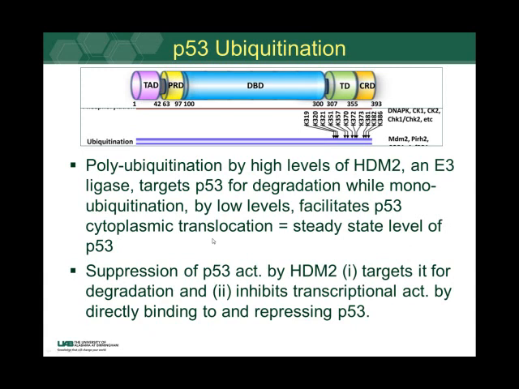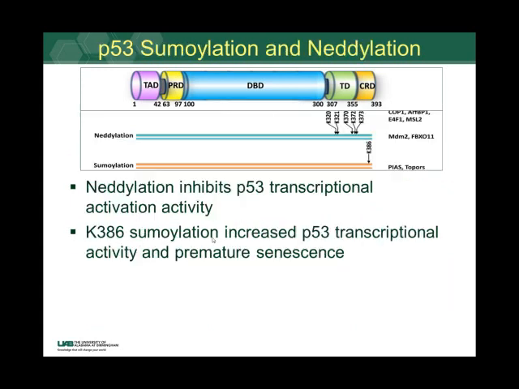And so, as we say, HDM2 controls the level of p53 by either polyubiquitinating it and sending it off to be degraded by the proteasome, or by binding to it and preventing it from binding to its site on the upstream region of a number of target proteins.